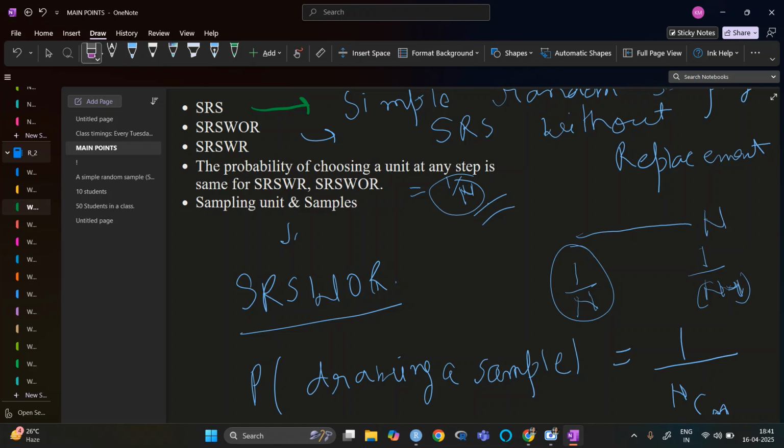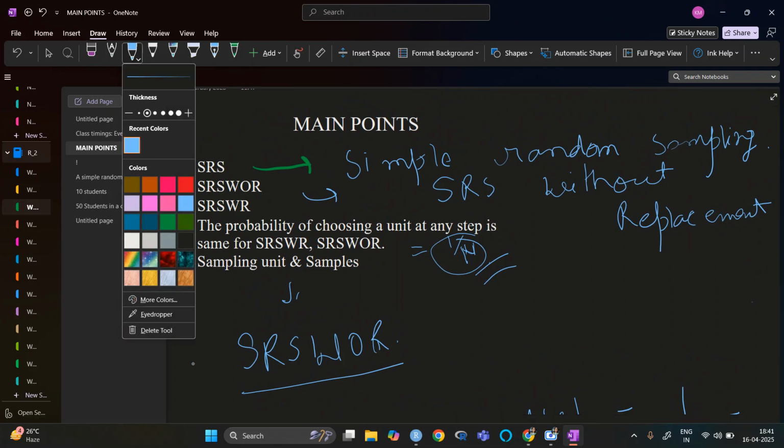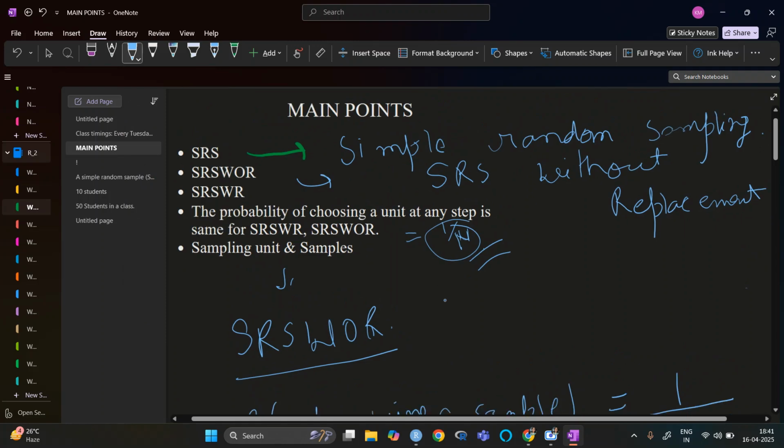But the thing is, you can choose this sample only when you have not chosen it previously. The probability of that is n minus 1 upon n, and then it can be chosen now with probability 1 by n minus 1. So this one cancels out, and basically you have again the probability 1 by n. This is just for clarity.